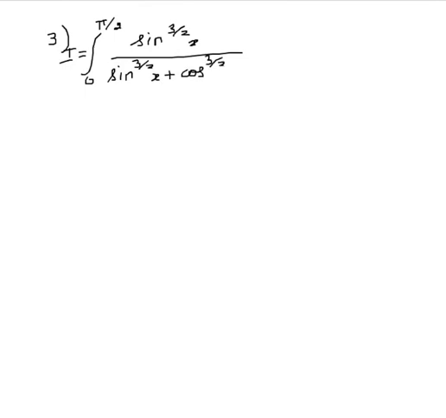Third question, exactly the same type. Integral 0 to pi by 2 sine power 3 by 2 x divided by sine power 3 by 2 x plus cos power 3 by 2 x dx. Let us use integral 0 to a f of x dx is equal to integral 0 to a f of a minus x dx property.